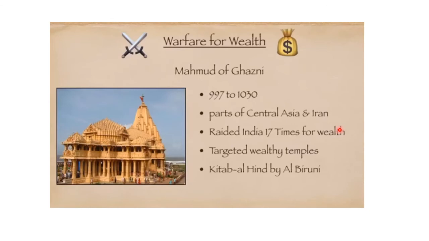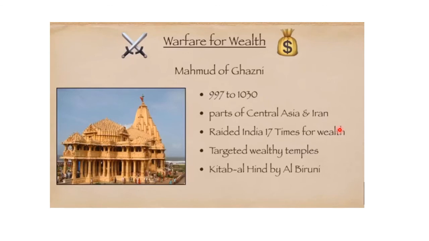So children, let us recap about Mahmud Ghazni. He was a ruler who was ruling in parts of Central Asia and Iran between 997 to 1030 AD. He had heard about the riches and resources of India. He came to India almost every year, and it is said he raided India 17 times, and he mostly targeted the temples because these temples are a storehouse of wealth.